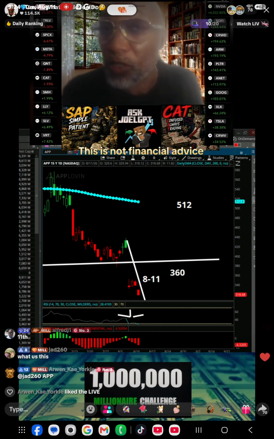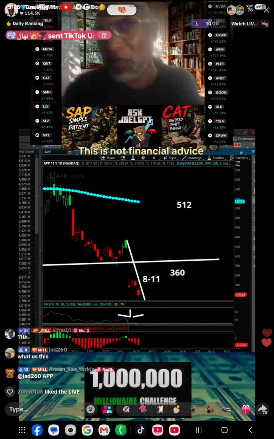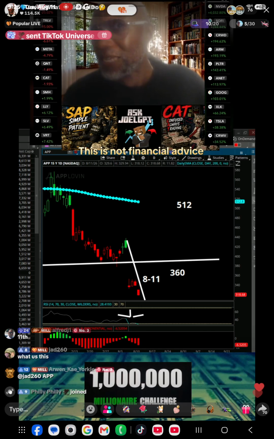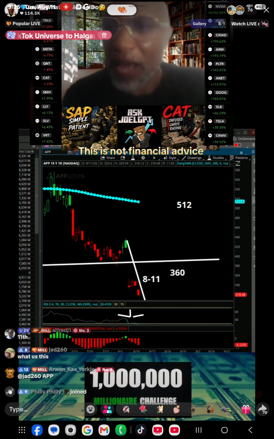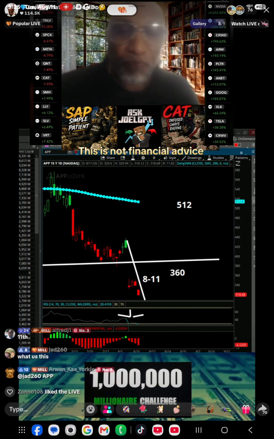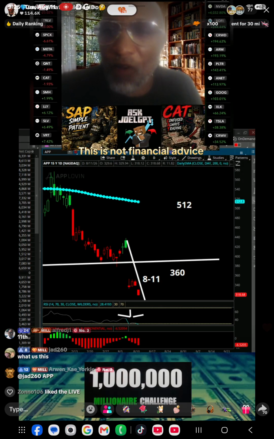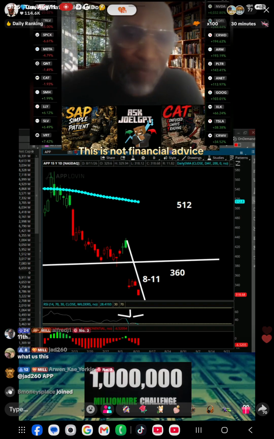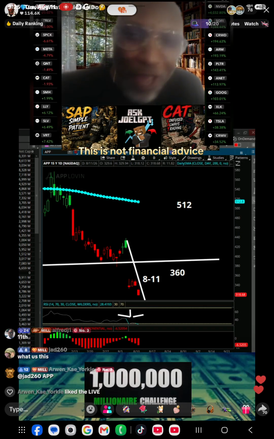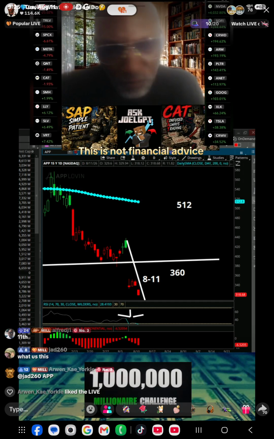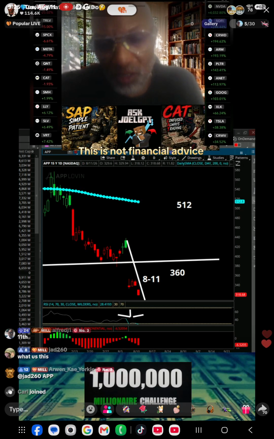Now, I am using the same setups, but my investing strategy is different. I would buy this as an investment just because it went oversold. So anybody thinking of holding this for 5 or 10 years, buy it now. But when you buy it now, you don't buy all your shares. You buy a quarter position.